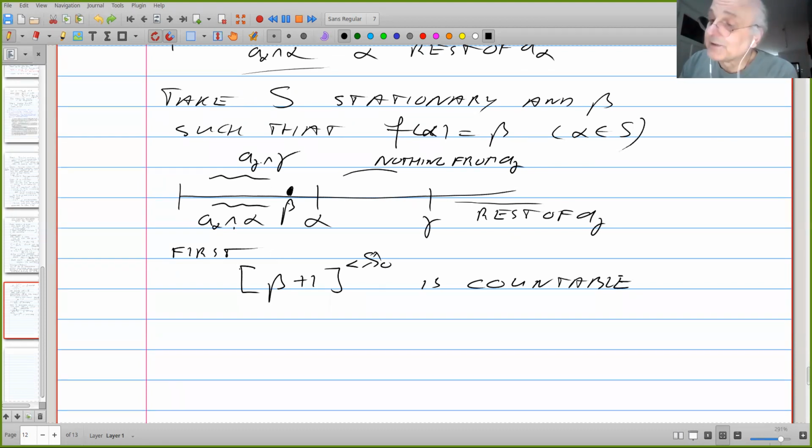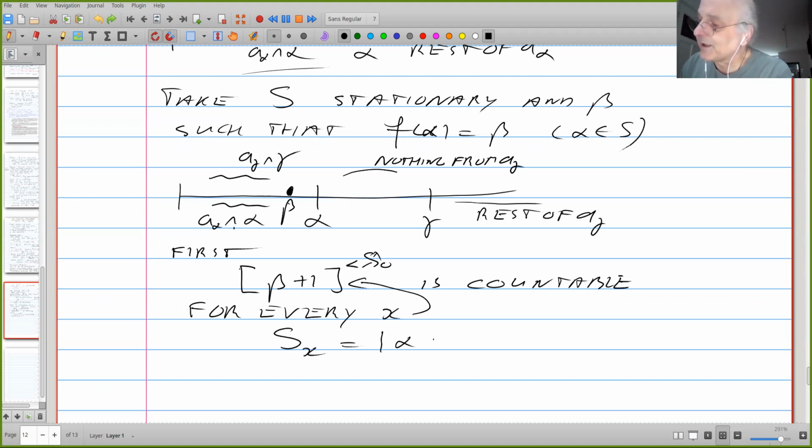Every one of these intersections is a finite subset of the ordinal beta plus 1. So for every x in that family, we have Sx.